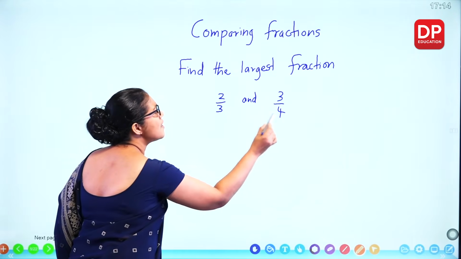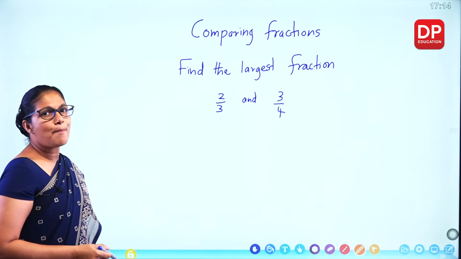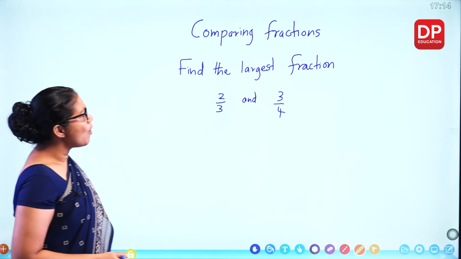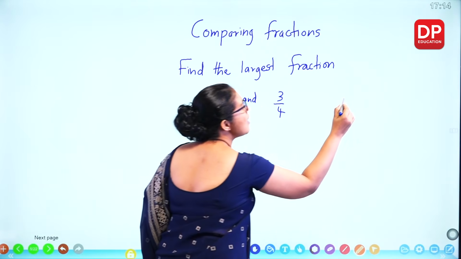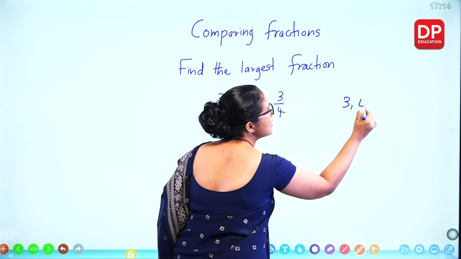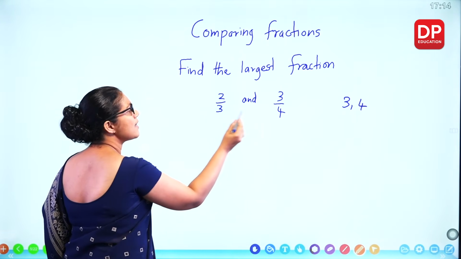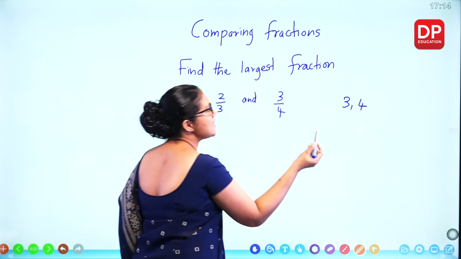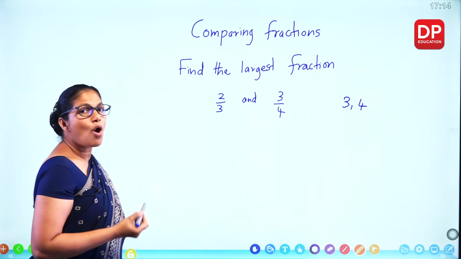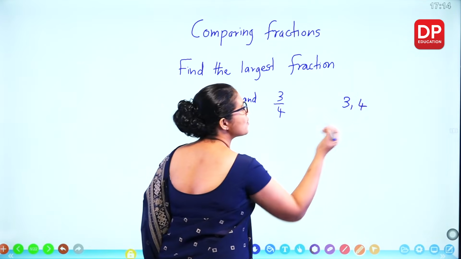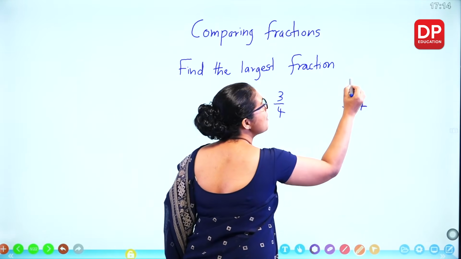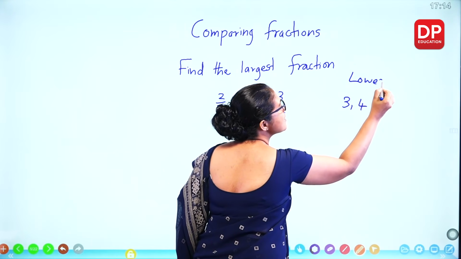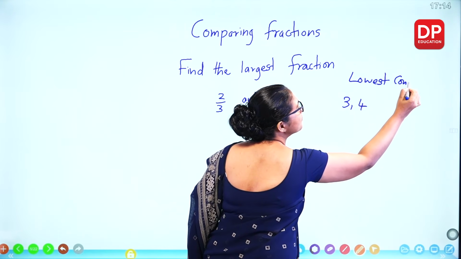You can convert these to the same number of parts. So we are taking the lowest common multiple. Take the lowest common multiple of these 2 denominators and find the common one. How do you find the lowest common multiple?